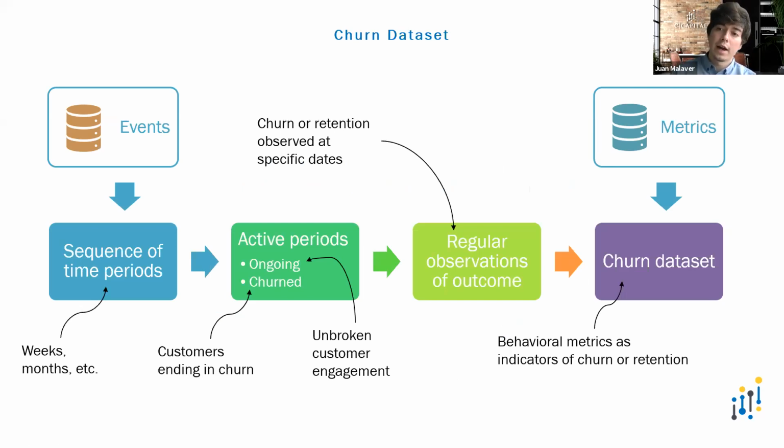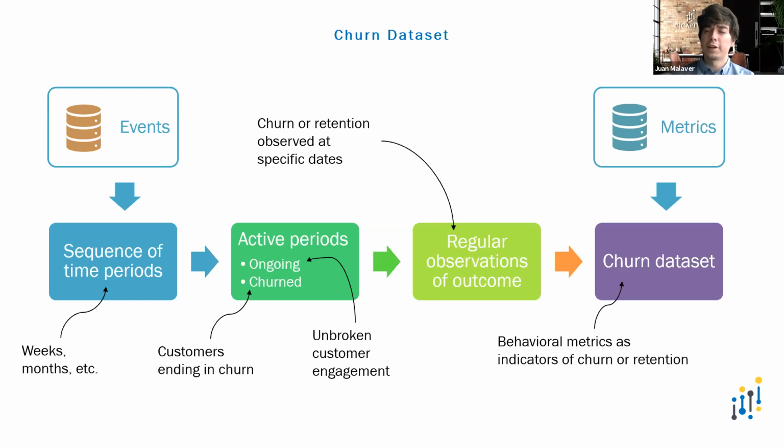So now that we have churn calculations, churn rates, and we also have some aggregations on customer behavior, we can leverage both of these data sets to create a churn data set that's going to be ready for a more sophisticated data science analysis.